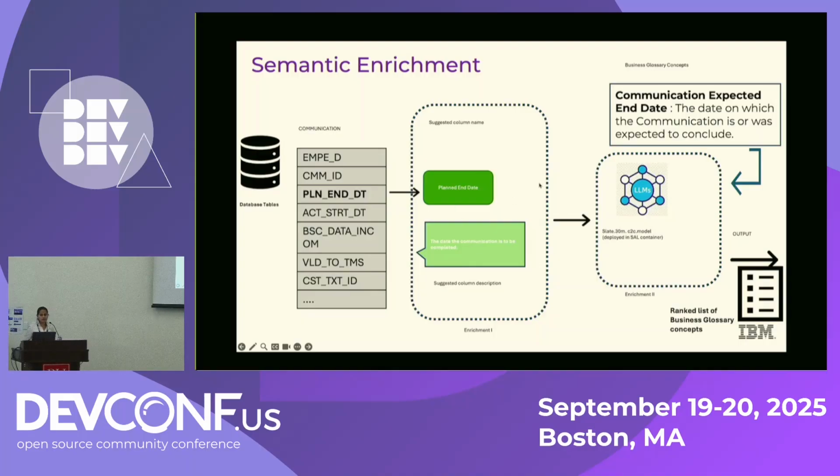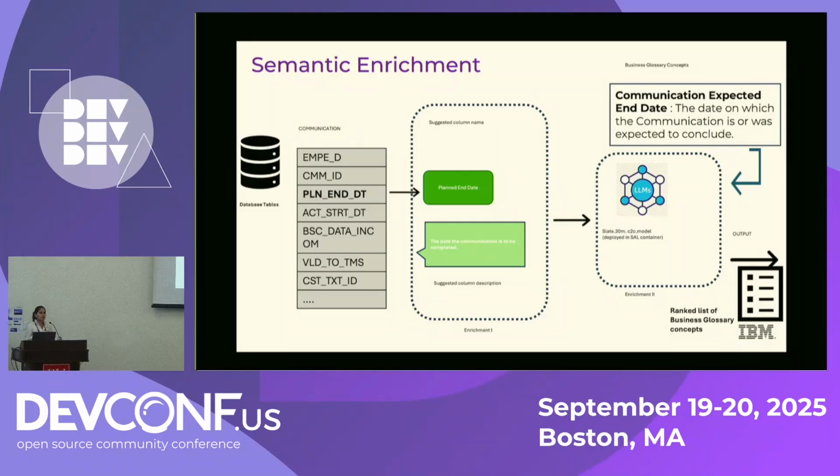Then the next step is that once we have the names and descriptions, this is still like, okay, employee ID, communication ID, plant and date, right? But business users may ask a question in more business language, like a question on communication: when is this communication expected to end, right?